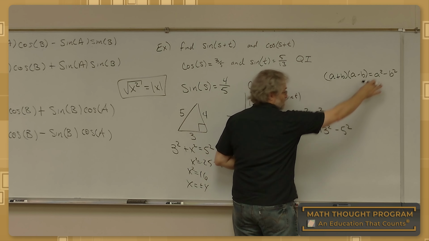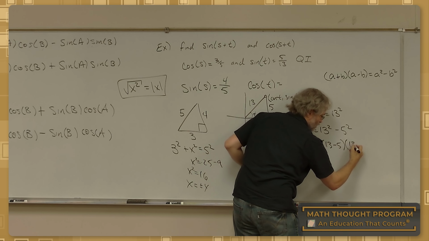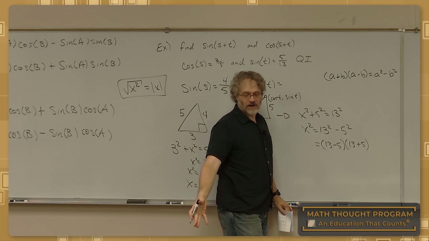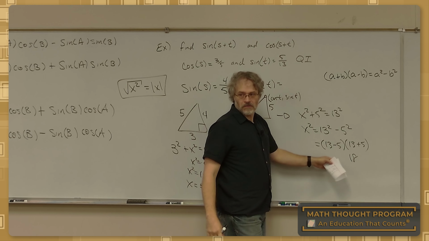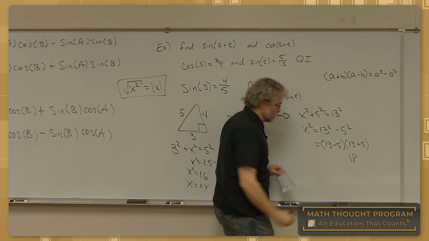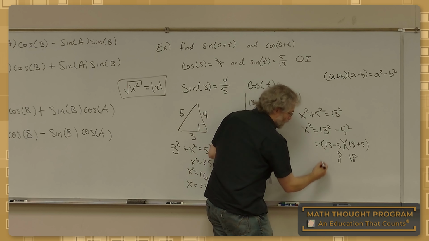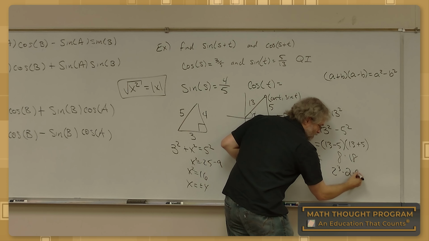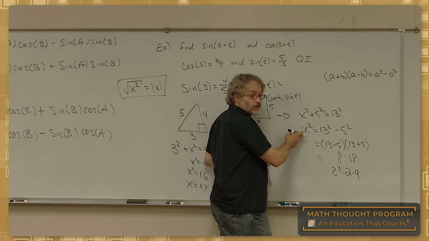See, if I use this identity, I can say 13 minus 5, 13 plus 5. 13 plus 5 is going to correspond to 18. And then 13 minus 5, that gets you a value of 8. Well, 8 is going to be nothing more than 2 cubed, and 18 is going to be 2 times 9. What happens when you take the square root?